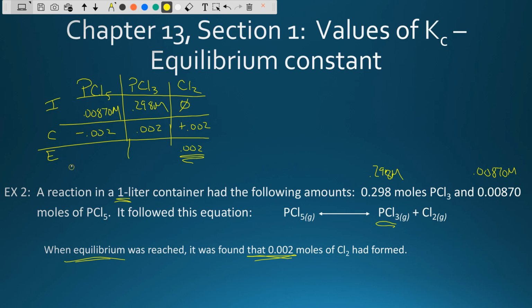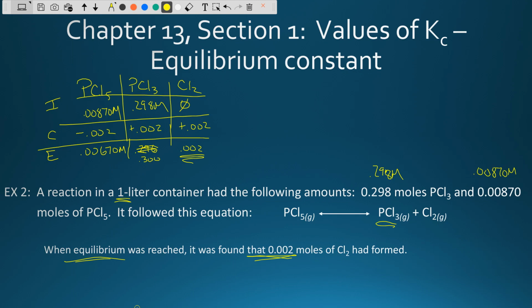Well, I'm losing 0.002, so I end up getting 0.00670. This one ends up with 0.296, and lastly, I end up with 0.002. Oh, I'm sorry, I'm gaining this one, aren't I? And so this ends up being 0.300. Okay, so now we're all set and we know our values.